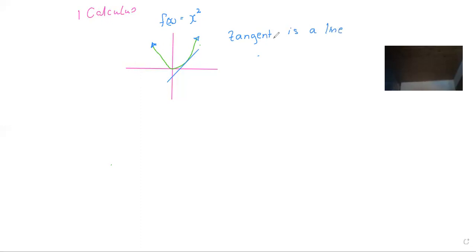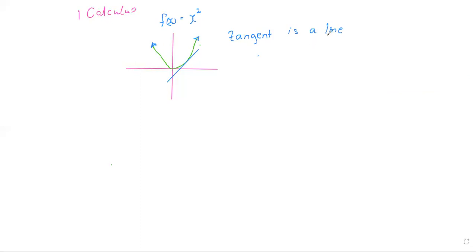I'm not talking about the trig ratio here. Talk about the line, and a line is represented by the standard form, by this equation, y is mx plus c, and that is the slope, and then that will be the y-intercept.